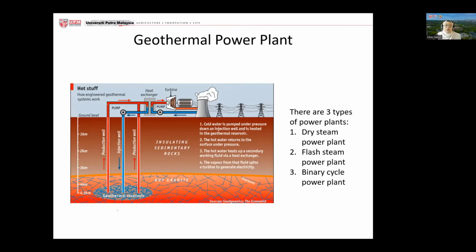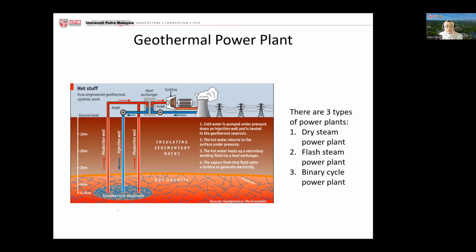Now that goes into a heat exchanger. A heat exchanger is just that it exchanges heat between two separate flows of fluids. Here is one fluid, here is another.